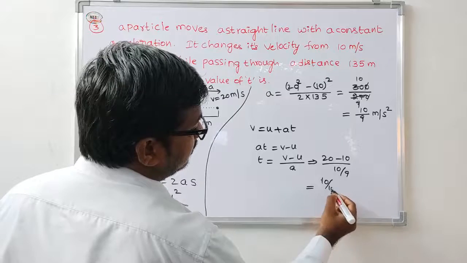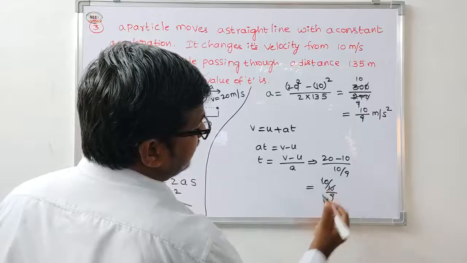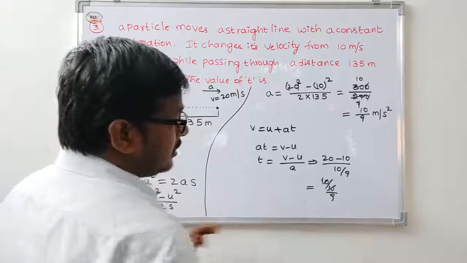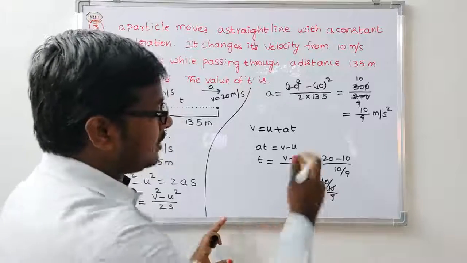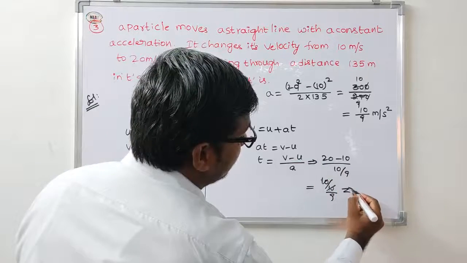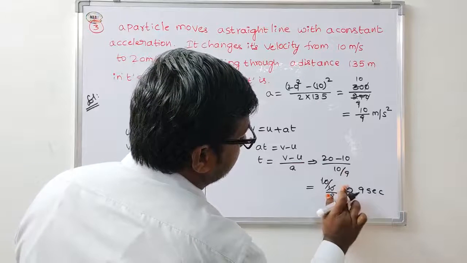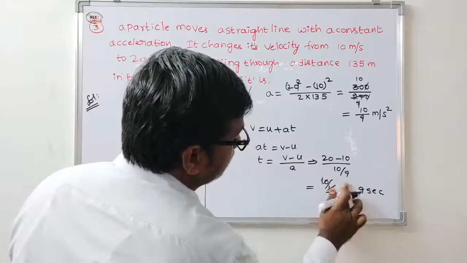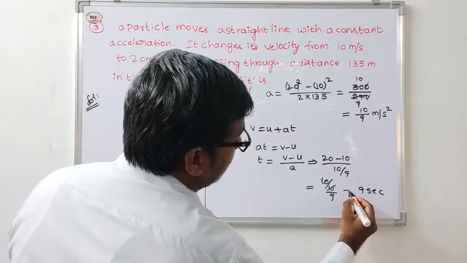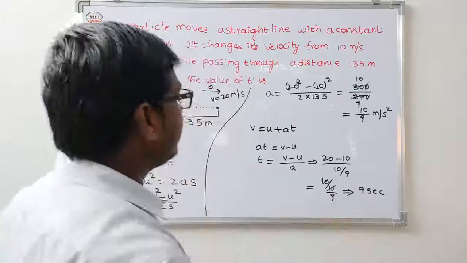The denominator fraction is reversed, that is equal to 9 second. The time taken is equal to 9 seconds.